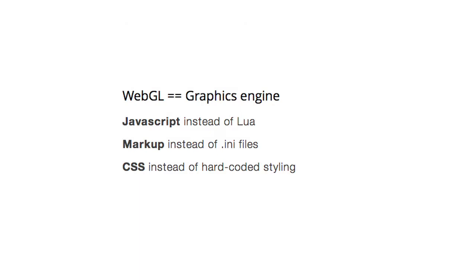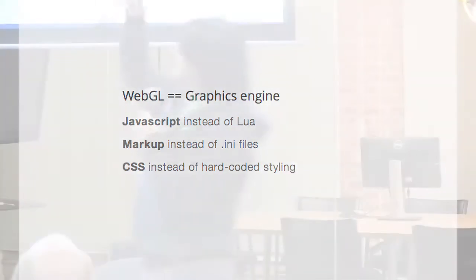So if we say that our graphics engine is WebGl, then we do the comparison of replacing Lua with JavaScript, replacing ini files with markup. And CSS comes as a benefit because we only have hard-coded styling in traditional game development. We don't have the approach of dynamic styling where you can actually modify what you see on a video game. We can do that with CSS.